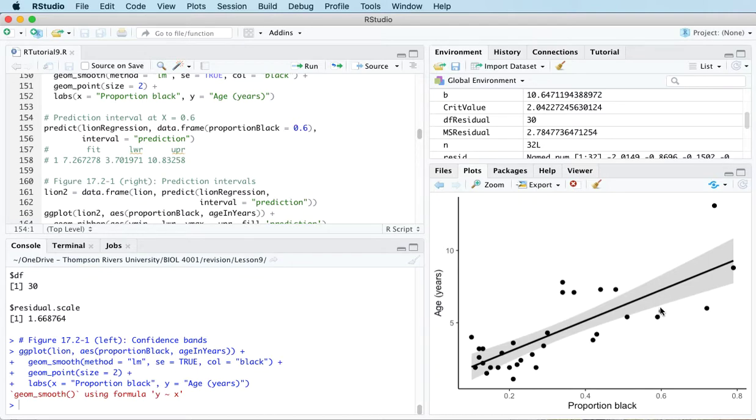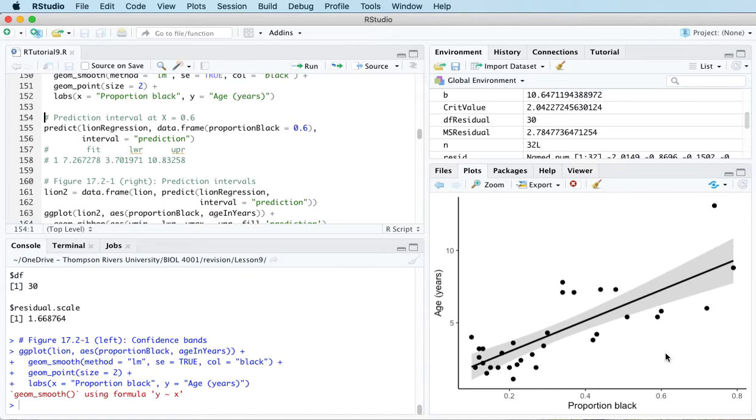But now what we're doing instead is we're trying to predict the age for an individual lion, and that could be a lion that's much older than we're predicting, or it could be a lion that's much younger than we're predicting. There's no way to average out that discrepancy because we've only got one lion.